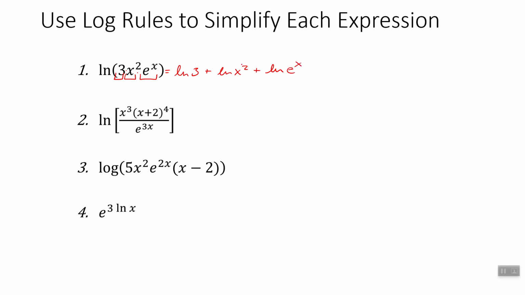Now our exponent rules say that we could bring the exponents down. We couldn't do that before because there were multiple things inside here. But now we can. So we get the natural log of 3 plus 2 times the natural log of x plus x times the natural log of e. And the natural log of e is just 1. So we just get x here.